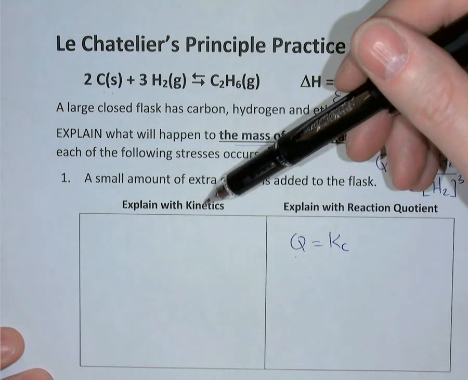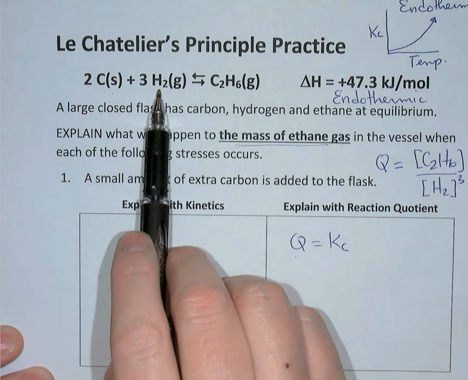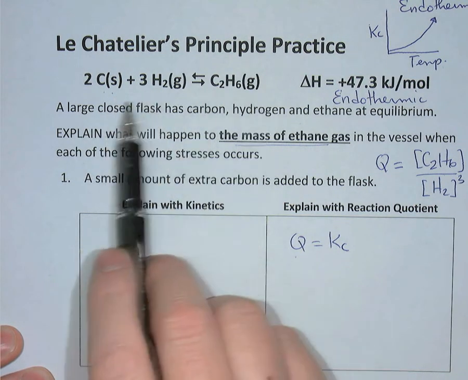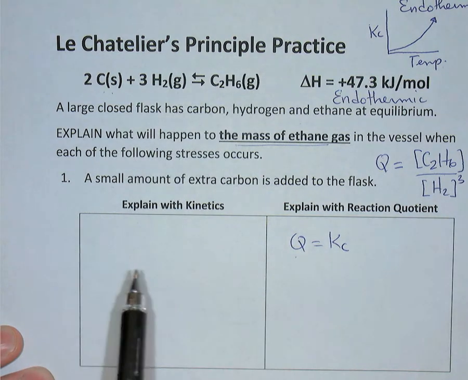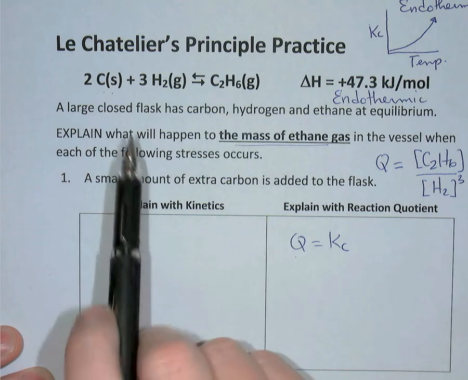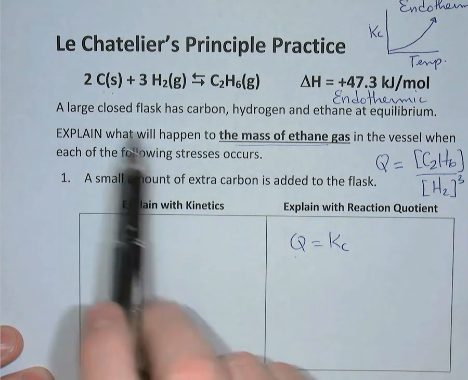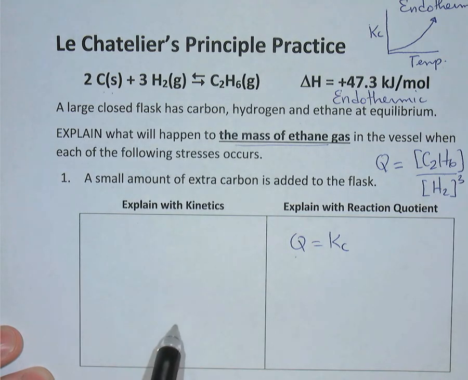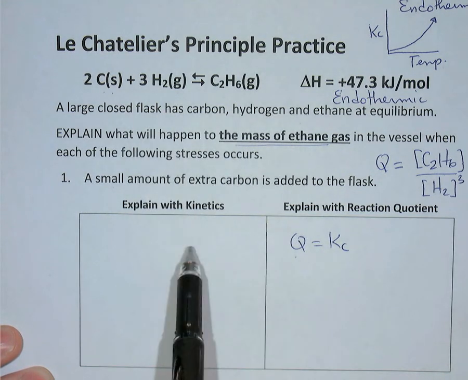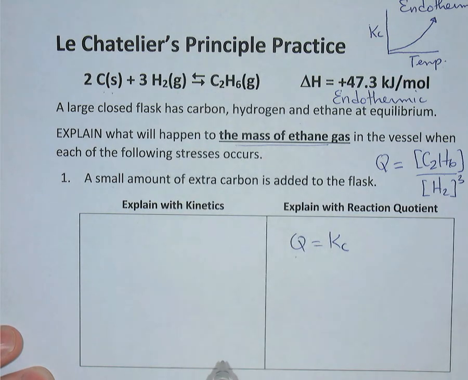If you want to explain using kinetics, you would start by noting that hydrogen gas is a reactant in the forward reaction. When you withdraw the hydrogen, you're lowering the hydrogen's concentration. That means the forward reaction will decrease in rate. So the forward rate decreases. The reverse rate is unaffected because hydrogen is not a reactant in the reverse reaction.